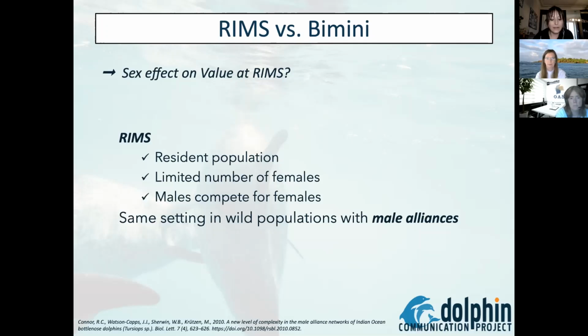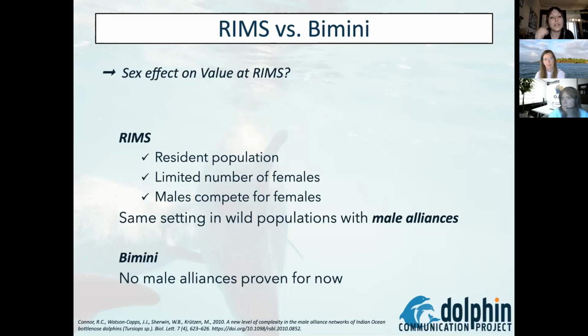And so male develop alliances with one or two other male with whom they will share very high value scores and spend much of their time with. On the contrary, if we look at our Bimini population, we currently do not see this kind of pattern in male for now.